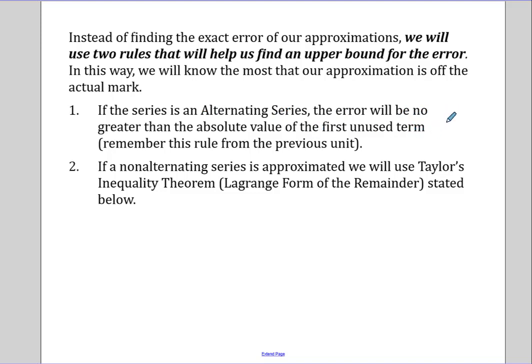We saw that rule already in use in this unit. And if we have a non-alternating series that's approximated, we want to use Taylor's inequality theorem, which we're calling the Lagrange form of the remainder. And we have that stated below right here.